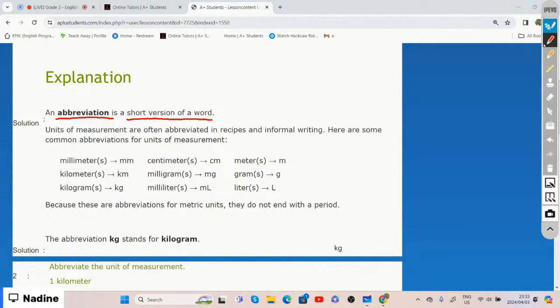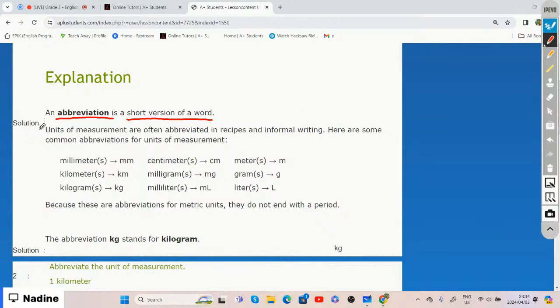And remember, when we abbreviate the word, it is followed by a period. But in this case, we don't follow it with a period. So with these words, when it comes to the units of measurements, we are not going to put a period at the end of the word, right?